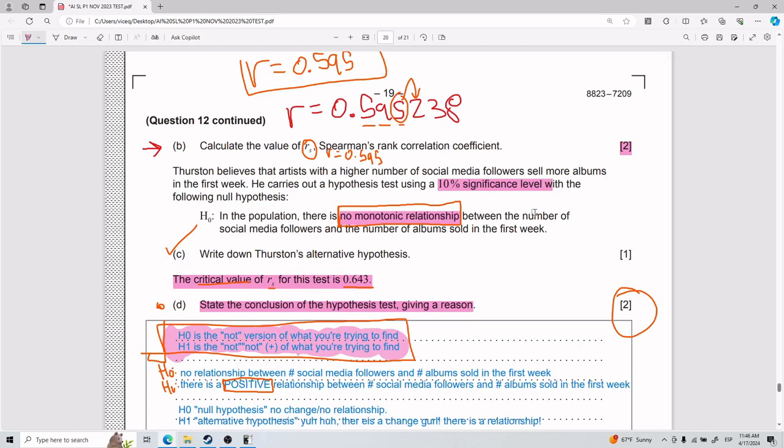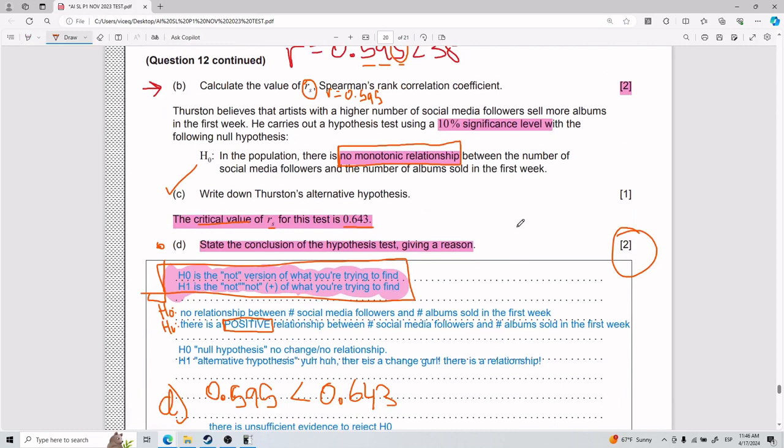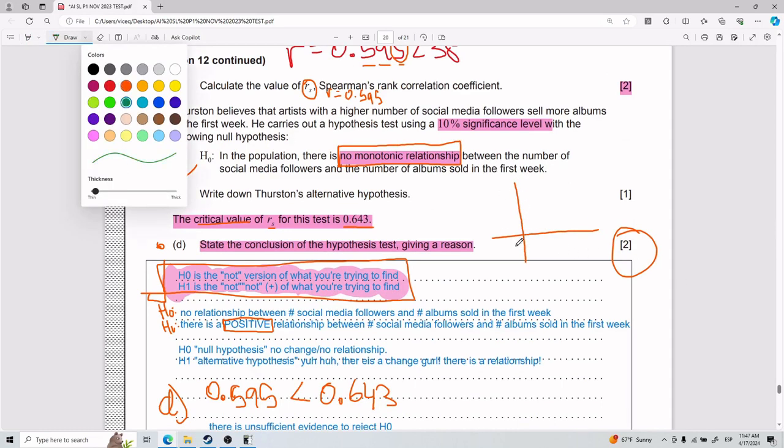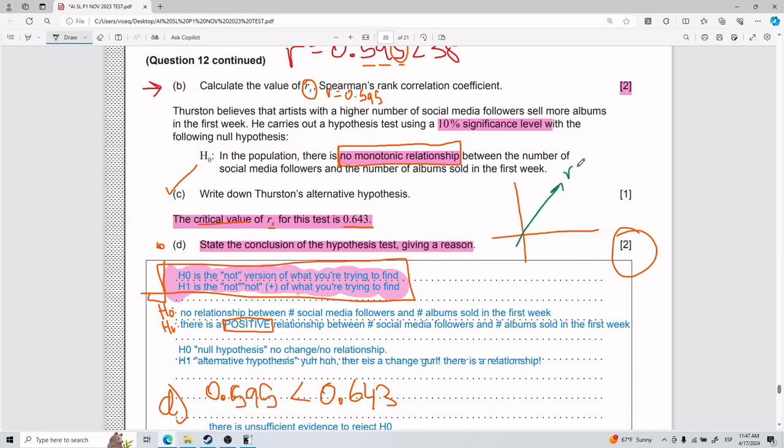What is another way to look at it? If you are above this critical value, then there is a change, okay? And if you're below this critical value, then there is no change. So think about it this way. They tell you that the critical value of RS for this test is 0.643. So that means for the correlation, they are asking for a correlation that is at least an R of 0.643.